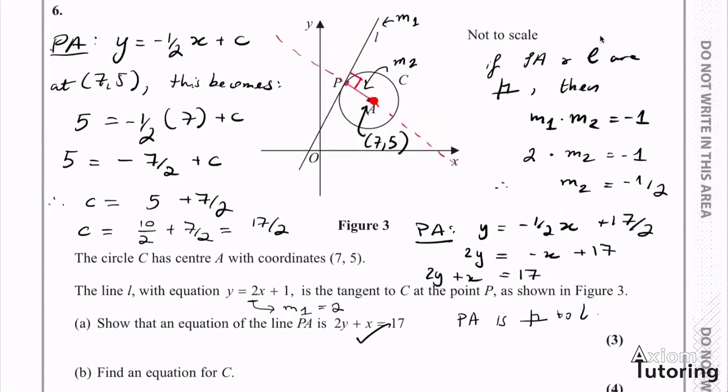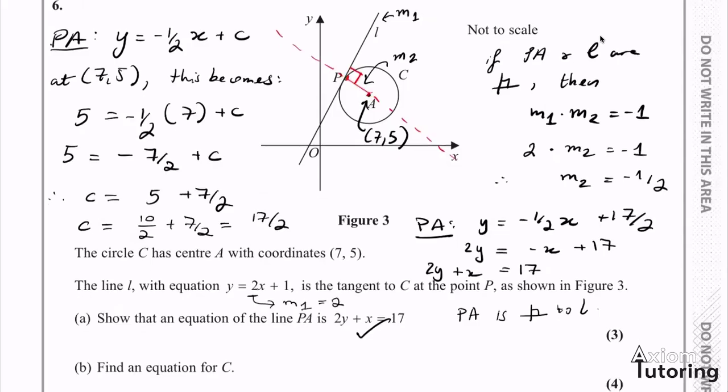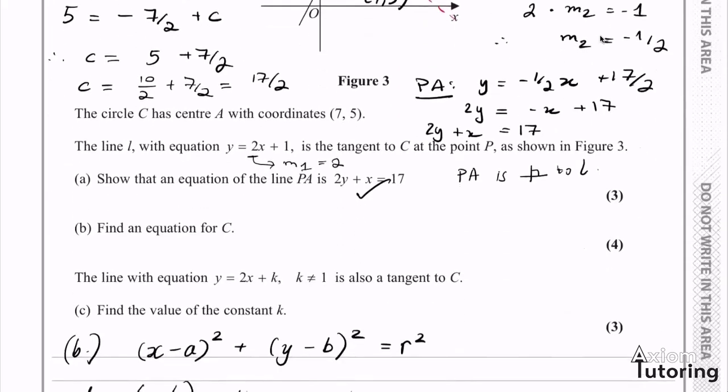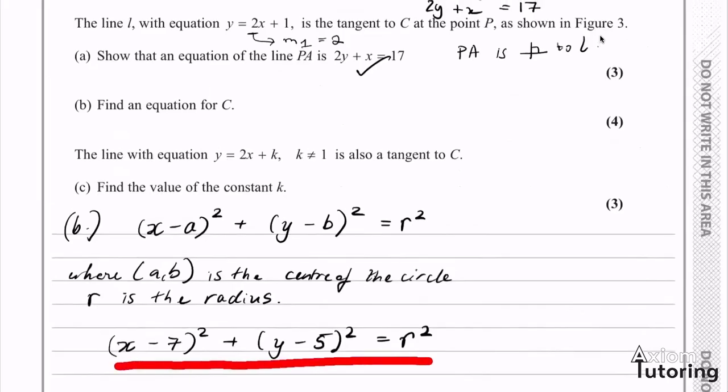Since we have our center, what would be useful is if we could find exactly what coordinate P is. If we can do that, then we can use these two coordinates of P and A to find this distance here, which corresponds to the radius of the circle. Once we find that, we have our value to substitute into our equation here, and that will give us the equation for C.